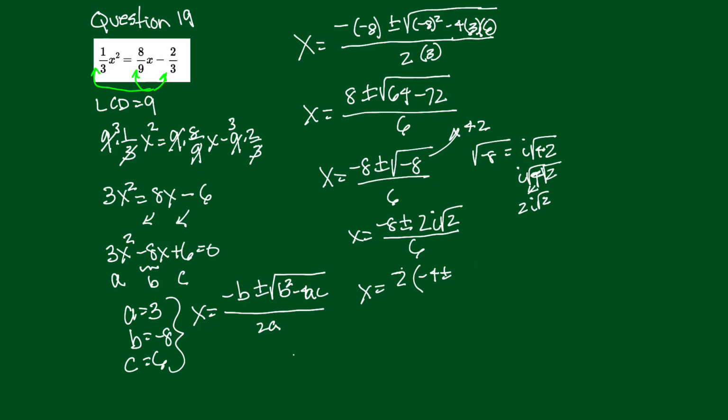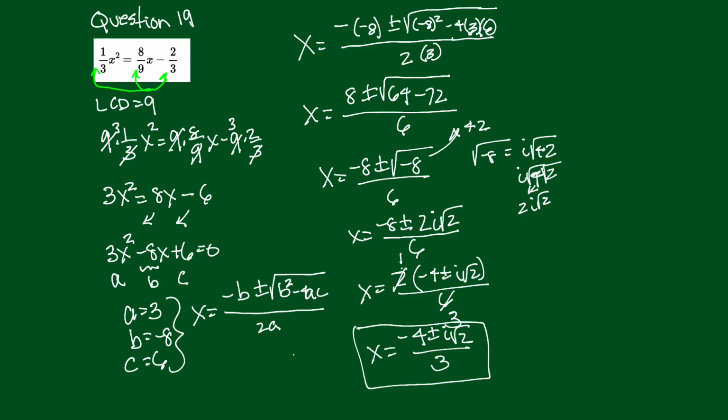So I get i square root of 2 all over 6. Now, this 2 and 6, 2 will go into 2 once. We'll go into 6 3 times. So I'm left with this. X is equal to negative 4 plus or minus i square root of 2 all over 3.